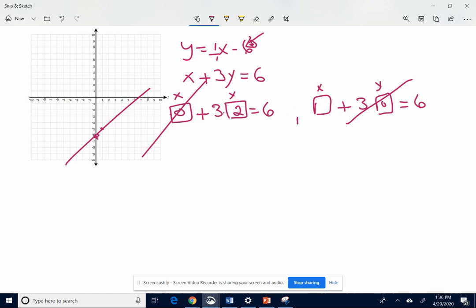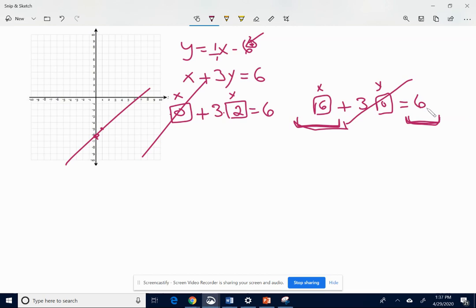Now I have some number x must equal 6. So that number has to be 6, because 6 equals 6. See, in the other one, it was 3 times something gives me 6, that's 2. In the second problem, it ended up being just that number all by itself. So 6 must be equal to 6.